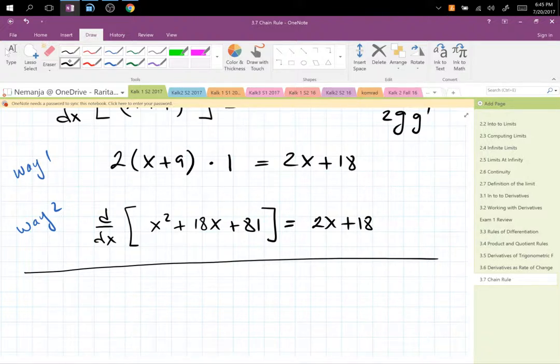Let's go and take a look at exercises from the textbook. It's whatever they have, and they love this kind of stuff. What's the derivative of tangent 5x squared?